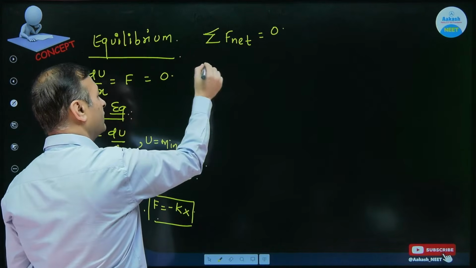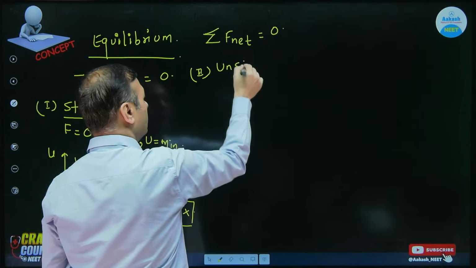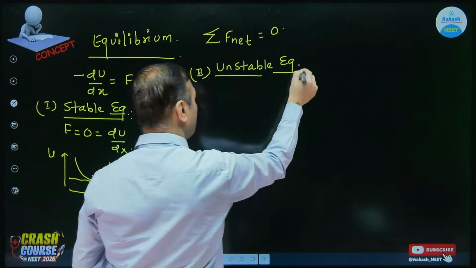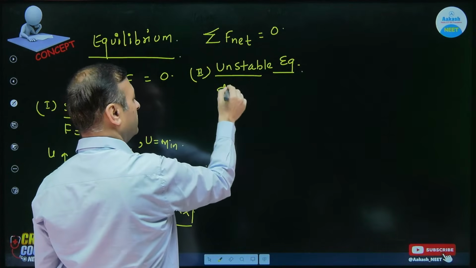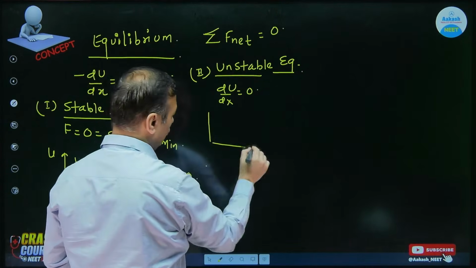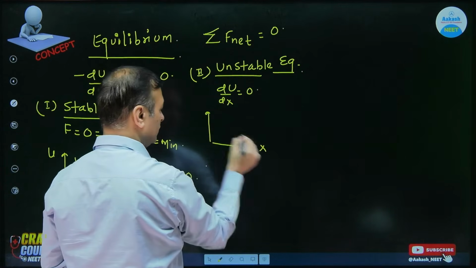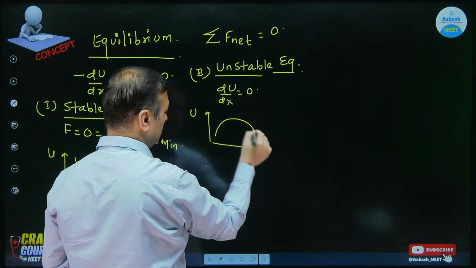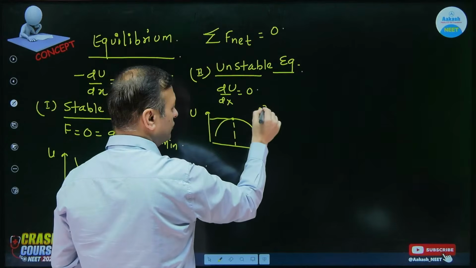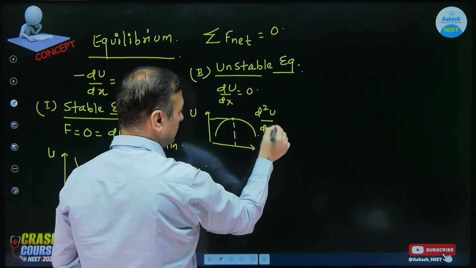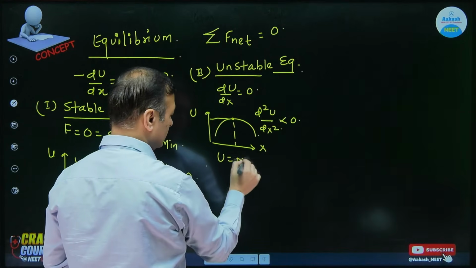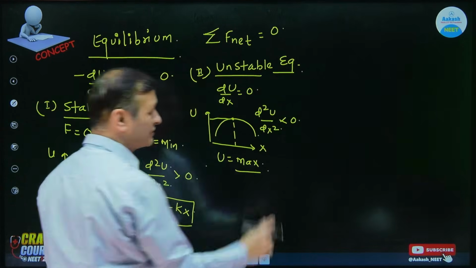Then we have the second type, that is unstable equilibrium. Because this equilibrium is still there, du by dx is 0, and if you draw your potential energy with respect to x, it is like this. So this is the position of unstable equilibrium. The second order derivative is less than 0, and potential energy has a maximum value.